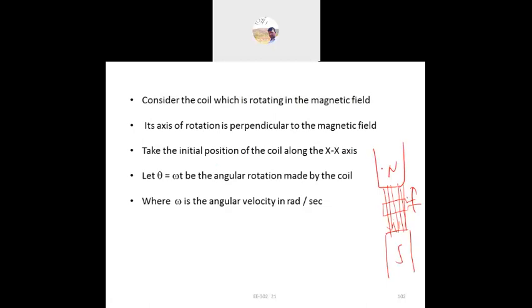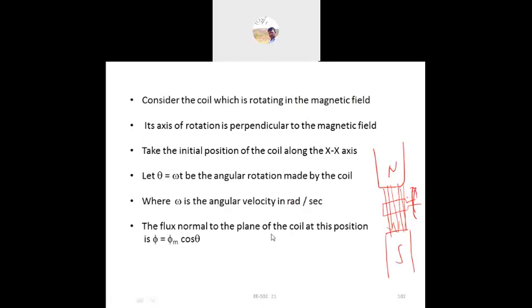Take the initial position on the x axis, and let theta be equal to omega t, the angle of rotation made by the coil, where the coil is nothing but the conductor, and omega is the angular velocity in radians per second.